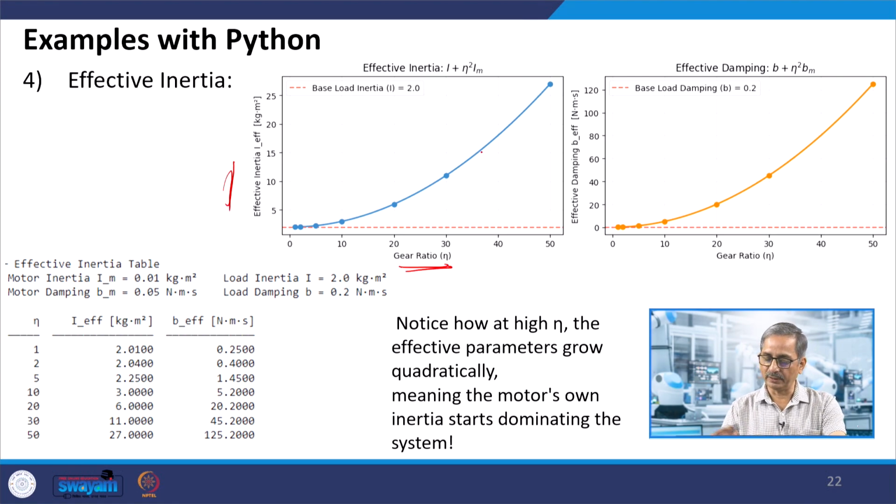Similarly, with the change in gear ratio, how the effective damping is getting changed. Again these are tabulated over here and shown in the plot. And you see that at high gear ratio, the effective parameters grow quadratically, meaning the motor's own inertia starts dominating the system. This is what I explained in the previous slides.